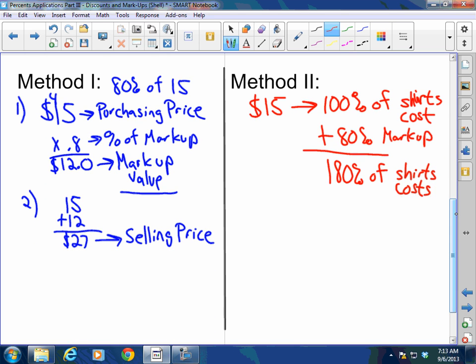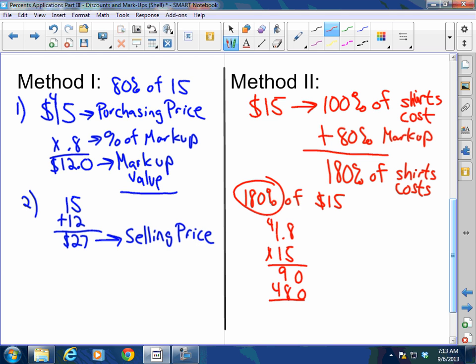So I could do this in one step. It's going to be 180% of the shirt's cost, which is $15. So I have 1.8 times 15. Remember, you can't work with percents. You have to turn them into decimals.